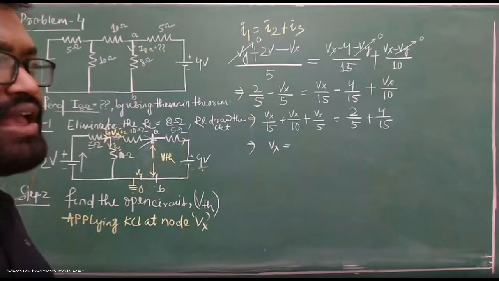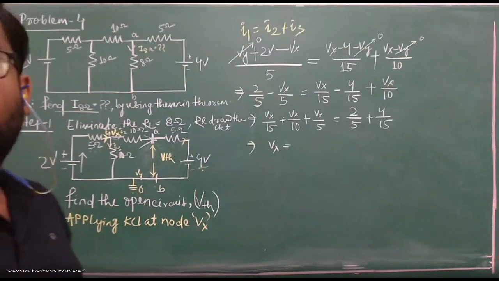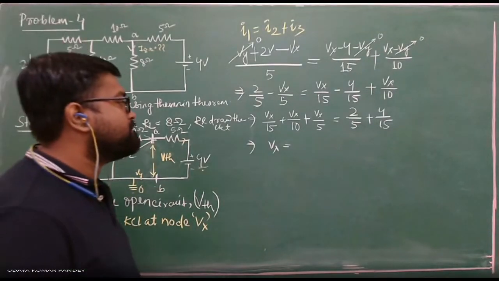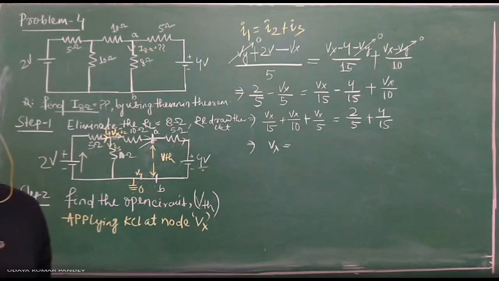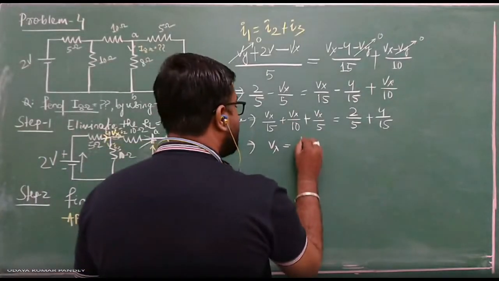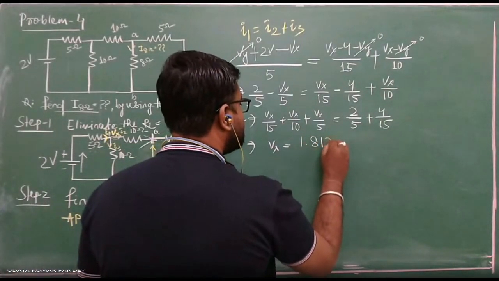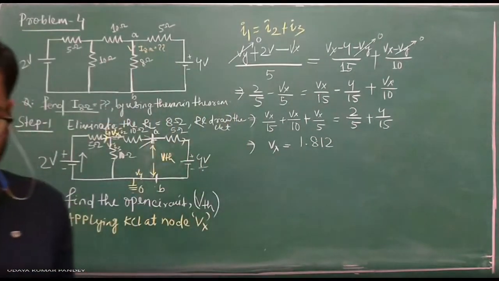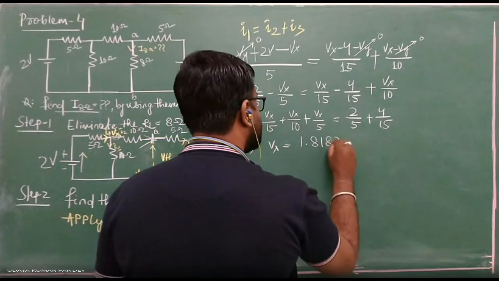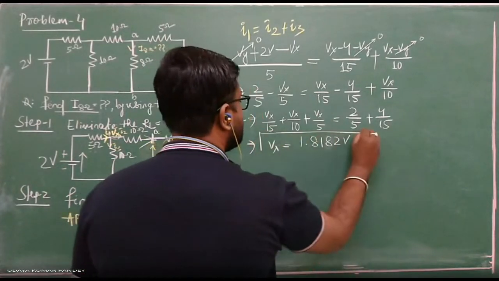Yes, equal to 20 by 11. Just tell me the decimal value. In the calculator, you just calculate the decimal value. That will come 1.8182 volt. Okay.